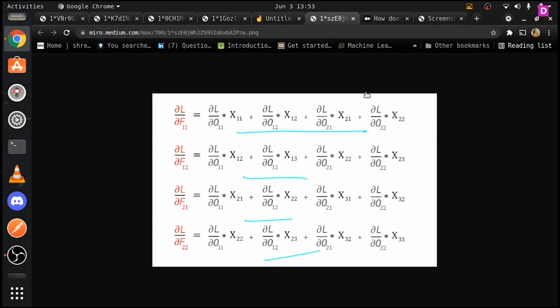But if you look carefully, what is this basically? This is basically the convolution of X11, X12, X21 and X22.